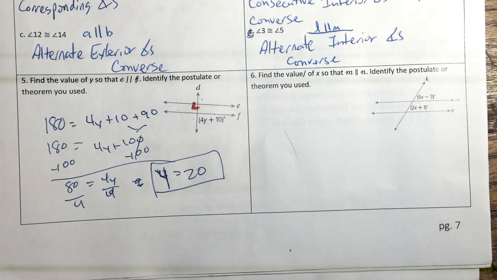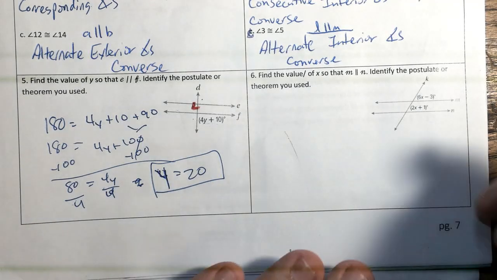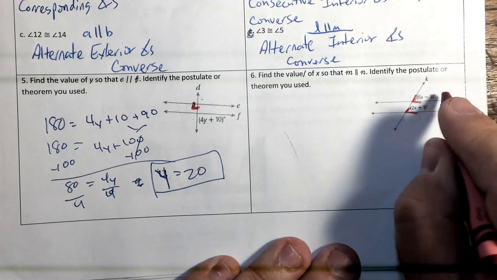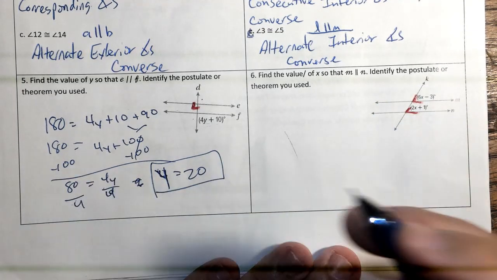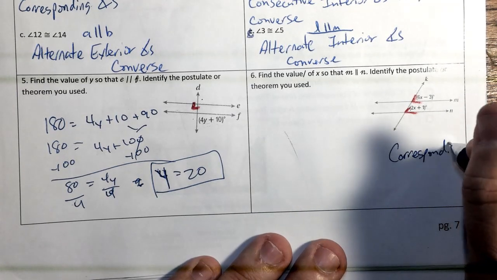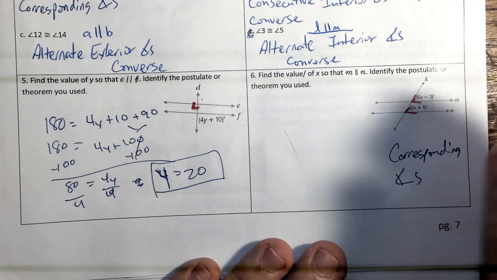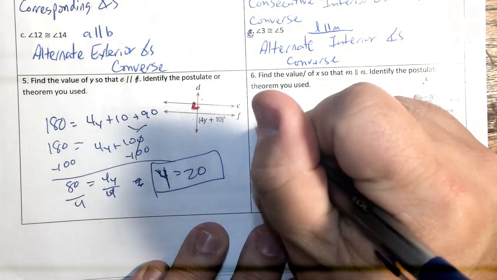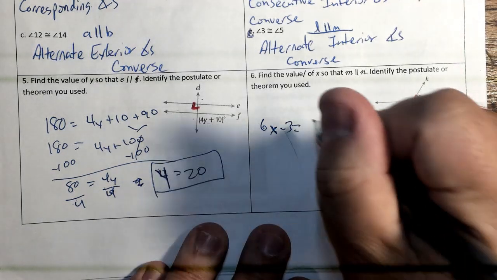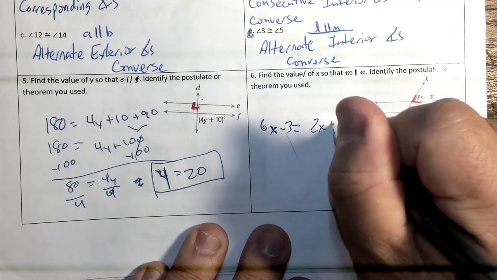All right, number 6, find the value of X so that M is parallel to N. Identify the postulate or theorem that you used. All right, so we have these two equations. So notice that this one is with the top right. This one's also with the top right. So these are corresponding angles. We're going to put them equal to each other. So 6x minus 3 is equal to 2x plus 1.